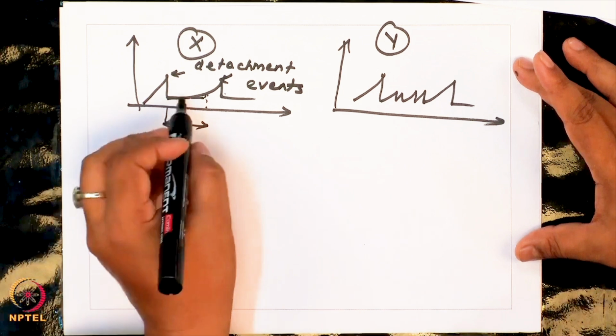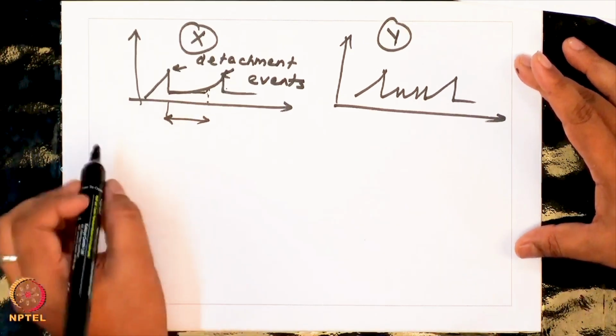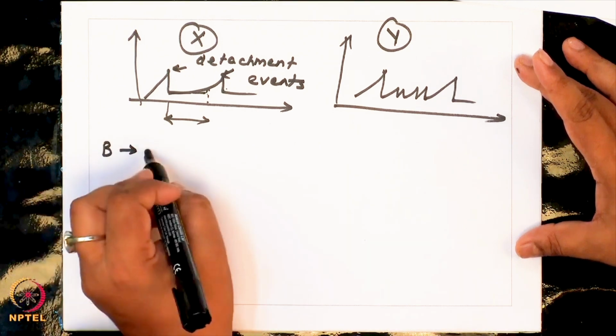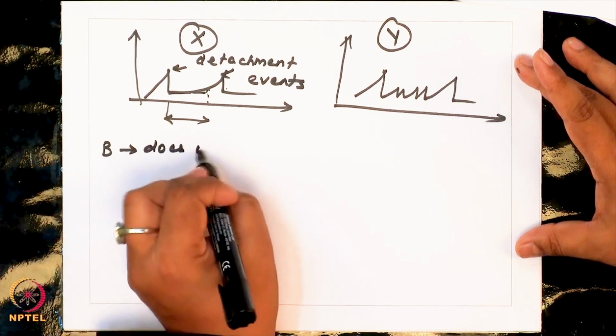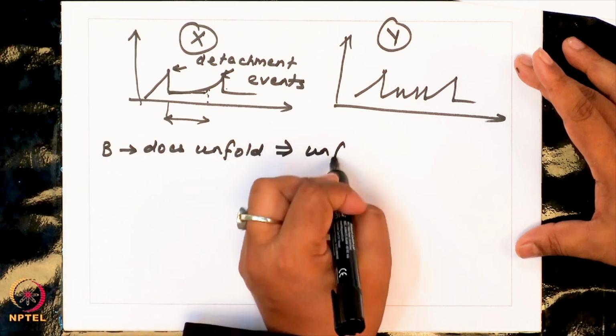But you do not know whether this is really coming from A, because B has not contributed. B does indeed unfold, which means you should get some unfolding signature.